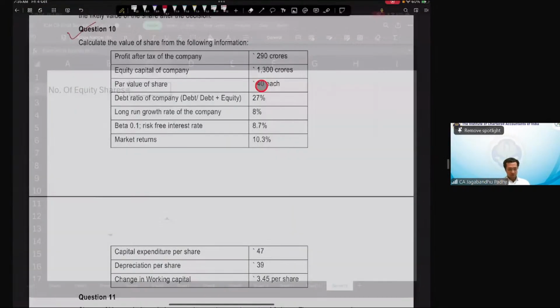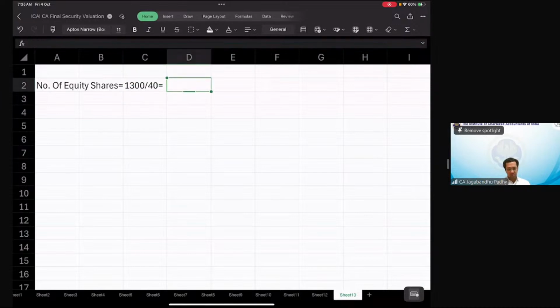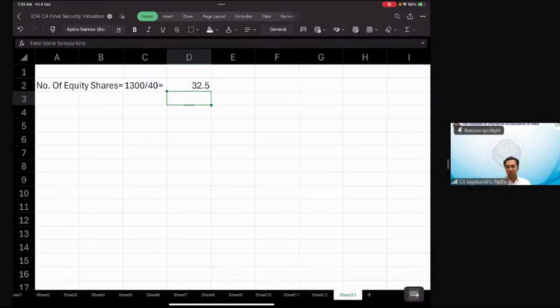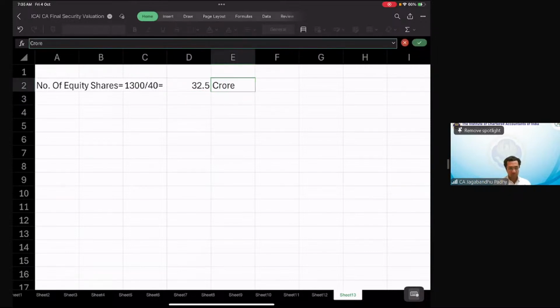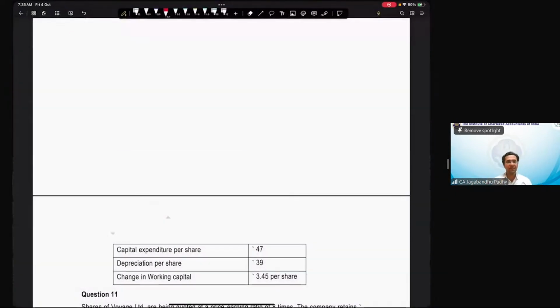So we can say it is 1300 divided by 40 each. That's 32.5 crores, right? 32.5 crores is the number of shares that we have.